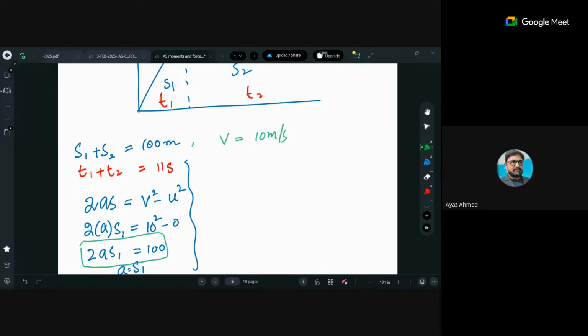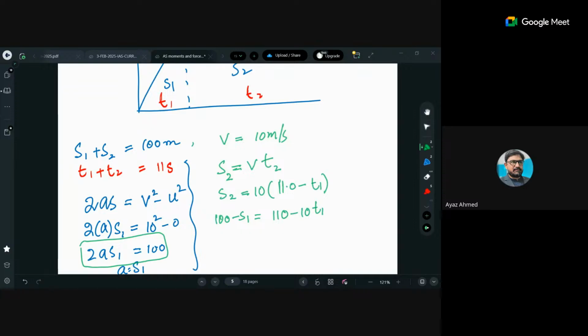And for the second distance, s is equal to vt, so s2 is equal to v into t2. So s2 is equal to v, which is 10, and t2 is 11.0 minus t1. So from here, s2 is basically 100 minus s1, which is equal to 110 minus 10 t1.